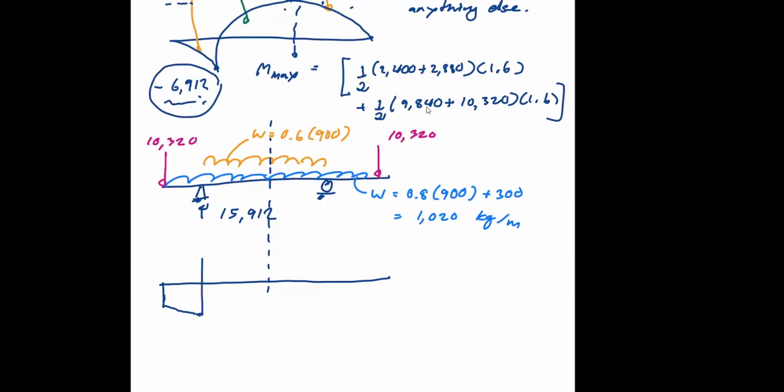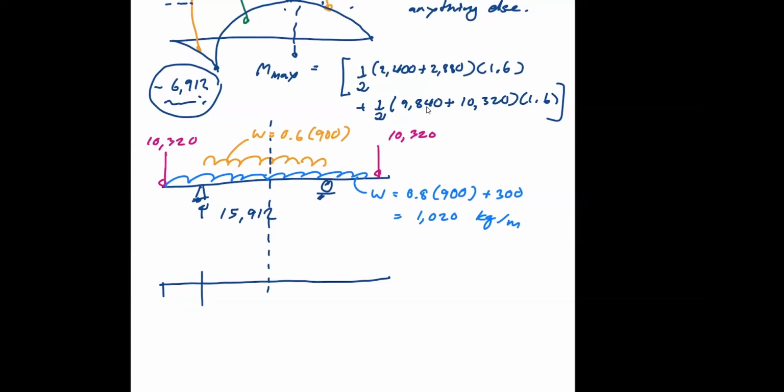Now, not quite the good show for the drawing, but anyway, it should come down a little bit more. Let me try to fix that. If I go down more, I would run out of space for the bending moment diagram. So let's do that.